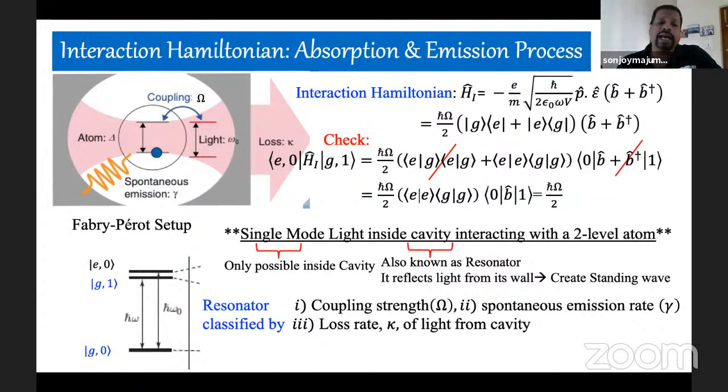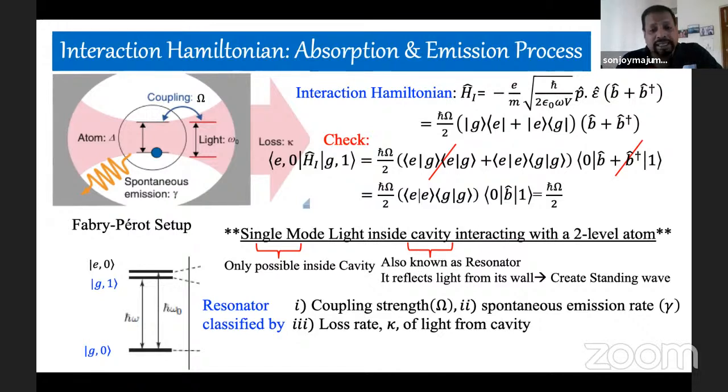If you take an atom which is very small in size and you want to see the interactions, generally the coupling strength will be very small. But in that case, as I explained, you can consider a Rydberg atom, which has a bigger size. Then you may have a larger coupling strength.